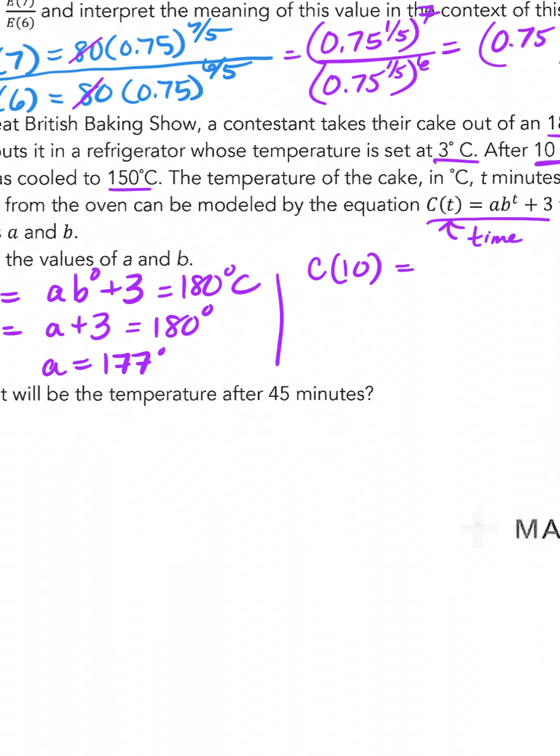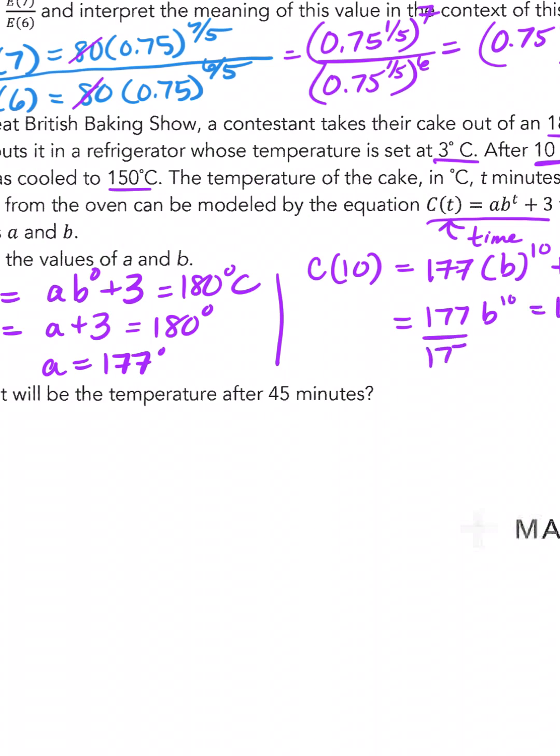We know A is 177 times B raised to the 10th power plus 3. And they tell us that is equal to 150 degrees Celsius. So now we have 177 b to the 10th equals 147.